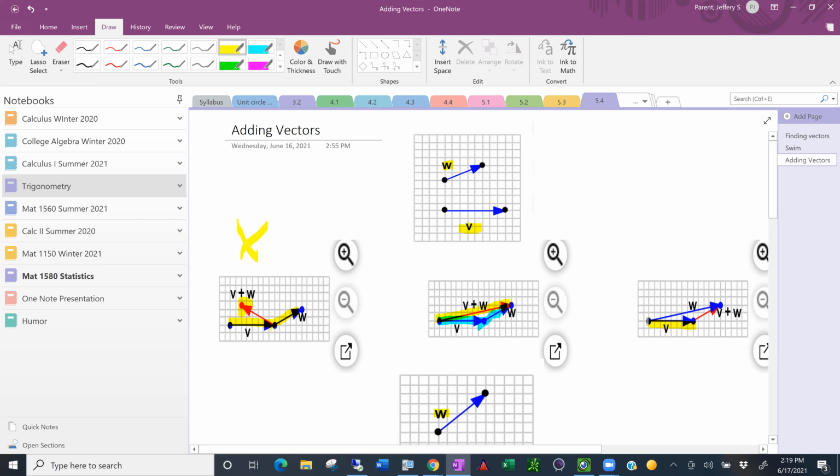What they drew for vector W doesn't look like vector W at all. But then they get this little piece right here. That's actually going to be, I think, closer to V minus W. Or V plus W minus W, something like that. This one's a mess. That one's not the right one either. So what you're looking for is going to look like what would happen if you complete the parallelogram.